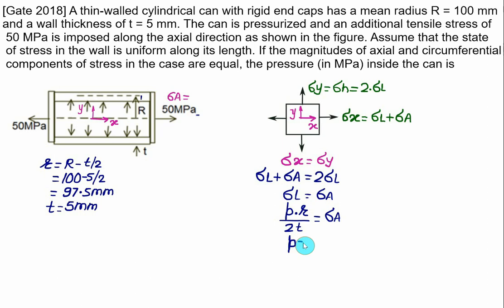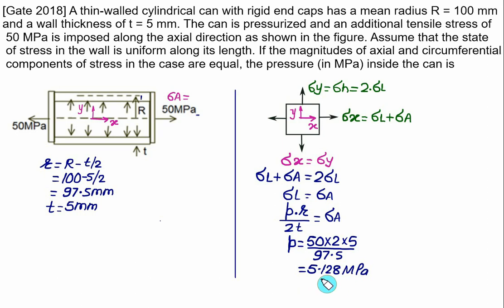So pressure P is equal to sigma axial, 50 megapascal, times 2 times the thickness T, where thickness T is 5, divided by inner radius R equal to 97.5. So we will get this value close to 5.128 megapascal. So we require the pressure here as 5.128 megapascal.